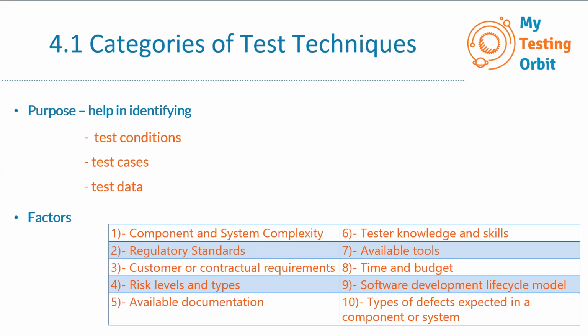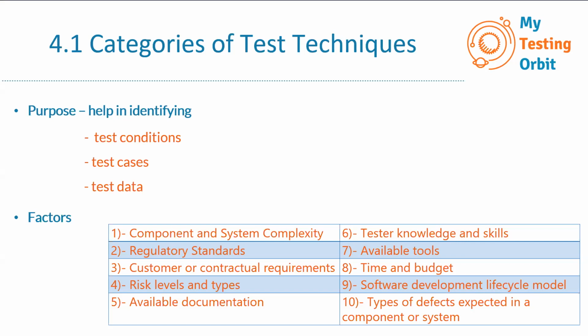So the first one is component and system complexity. Based on how complex a system or a component is, we might need to choose one test technique over the other. Second, regulatory standards. Third, customer or contractual requirements.